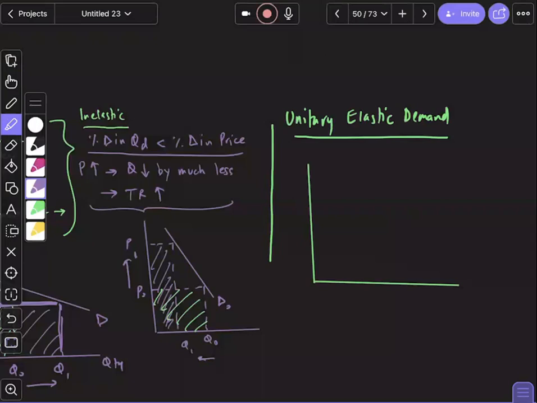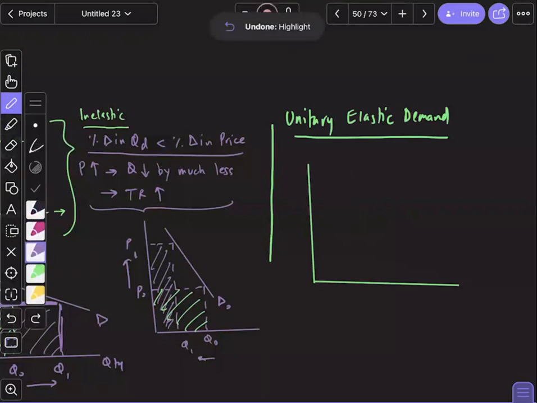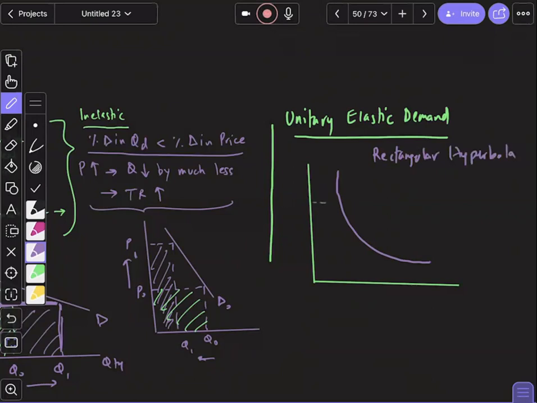We will have a convex to the origin curve, and this is called a rectangular hyperbola. We call this curve a rectangular hyperbola, which basically means, mathematically, that when your price goes down, let's say by 10%, quantity will also increase by 10%.